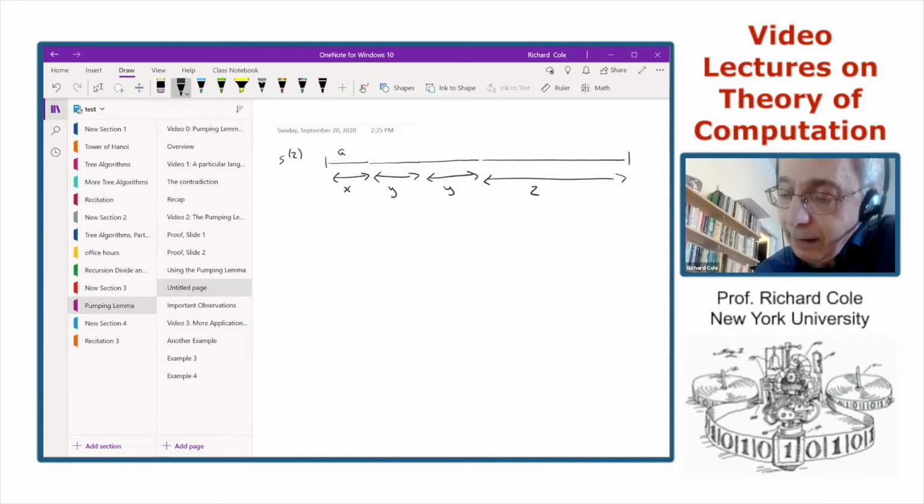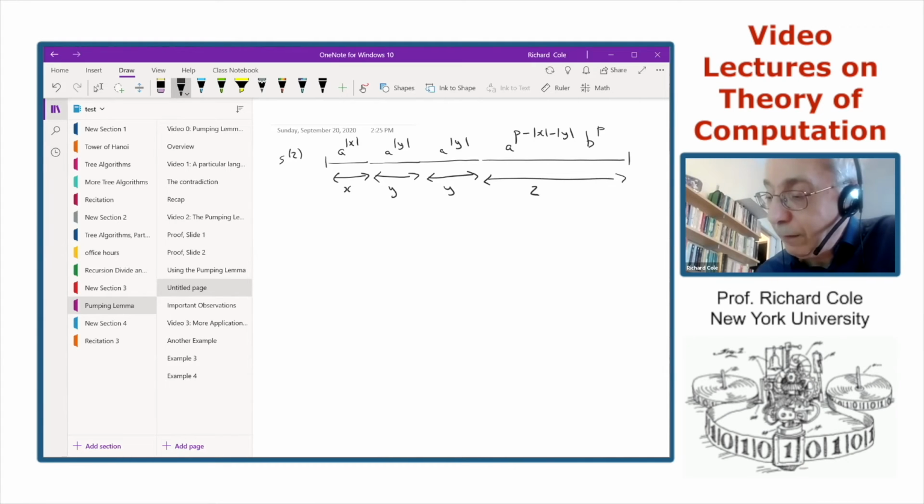This is length of X a's, length of Y a's, length of Y a's, and as before, P minus length of X minus length of Y a's and P b's.